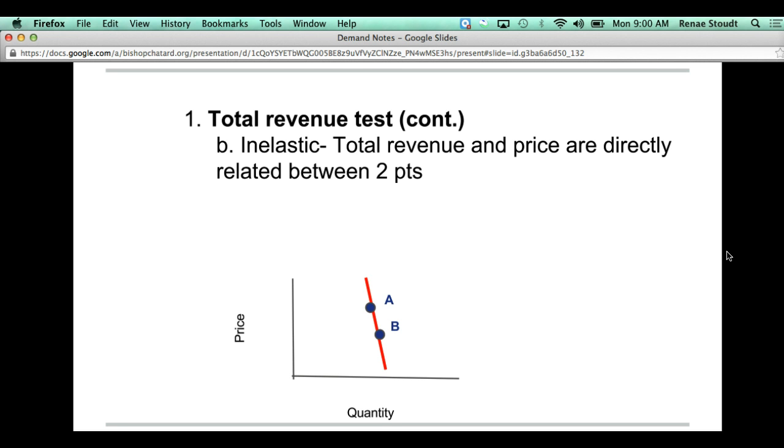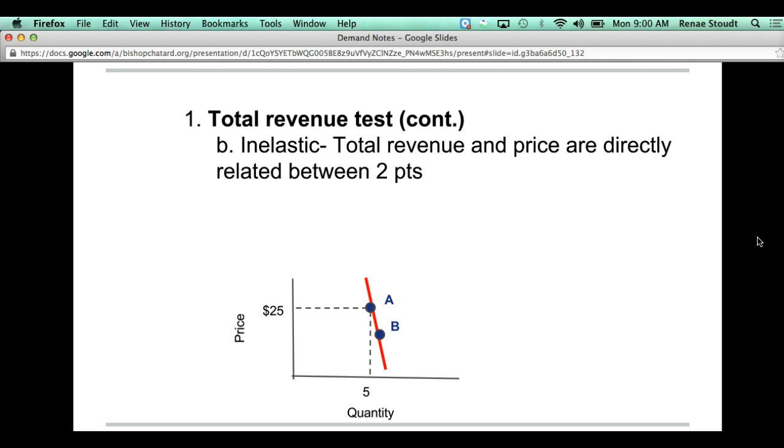So first of all, at point A, we still have a price of $25, okay? So whatever this item is, it's going to cost $25, just like the last slide. And the quantity at point A is going to be 5. So we're going to say at point A, 5 people were buying, just like the last one. So to figure out our total revenue at point A, we're taking 25 times 5.